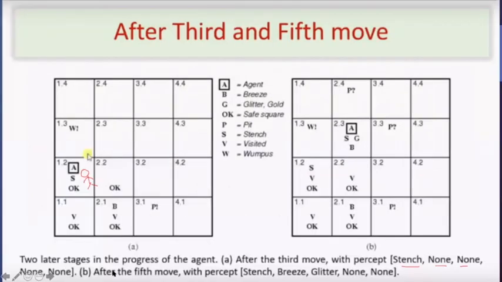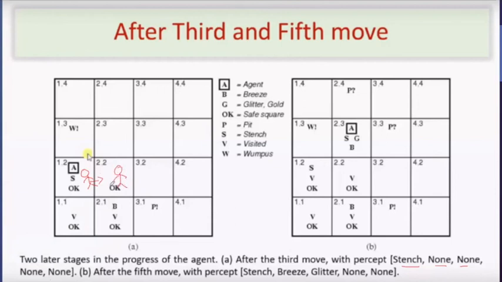Now it will conclude that if it goes in the right direction, definitely there is no problem in this particular way. So now my agent will go here in that particular direction.